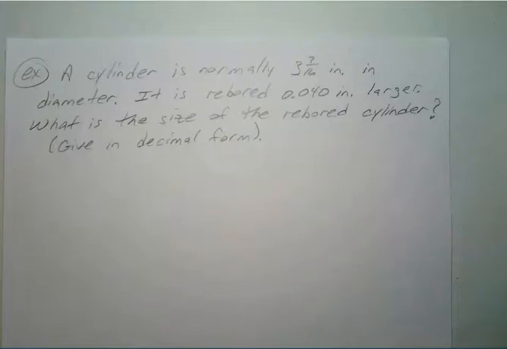Okay, it says a cylinder is normally 3 7/16 of an inch in diameter. It is rebored 0.040 or 40 thousandths of an inch larger. What is the size of the rebored cylinder? And you want to give that in decimal form.